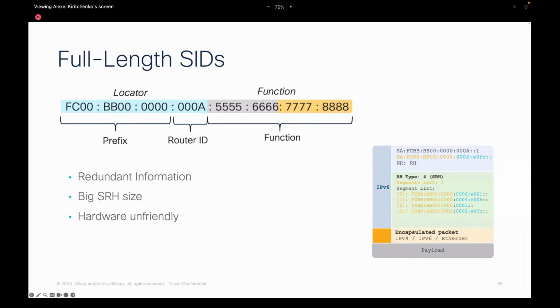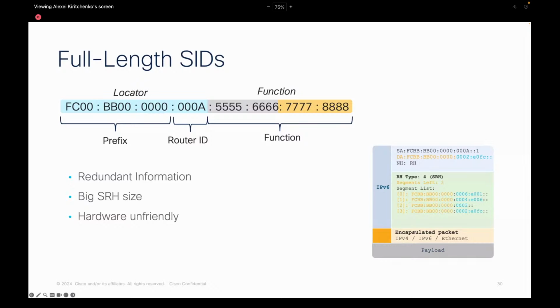We can see here that a lot of this data is redundant. The prefix of the network is the same, and there is a router ID, and the router ID must be part of the locator. And the locator is used for routing to make sure the packet will get all the way there. And each router in the network has a different router ID and a number of functions.